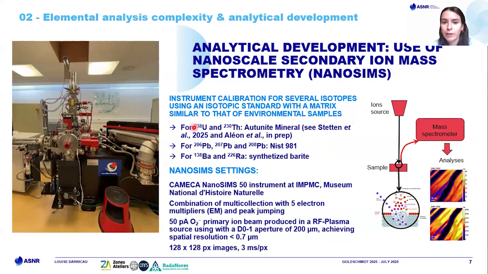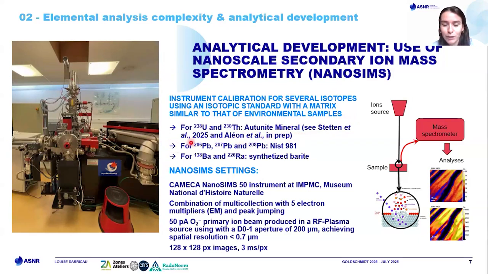So for example, for uranium and thorium-230, we use autunite minerals. If you want a bit more detail on this calibration, you can see the work of Teten from this year, and there is a paper from Jérôme Alléon, which should be coming soon.